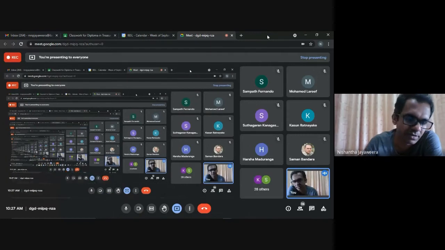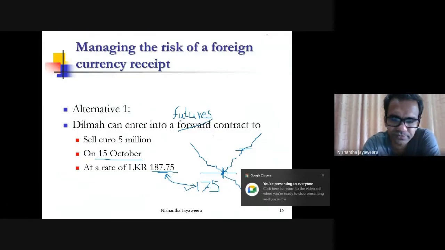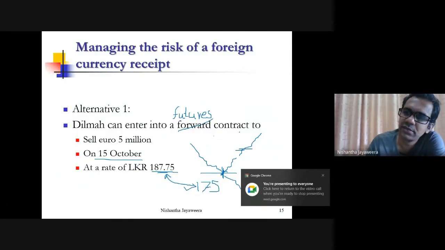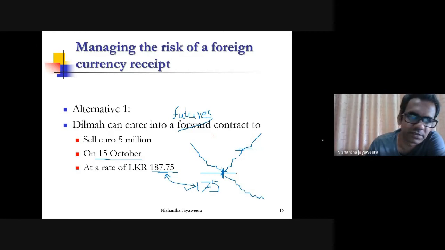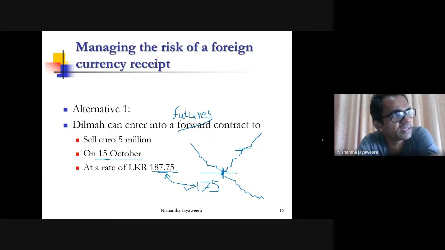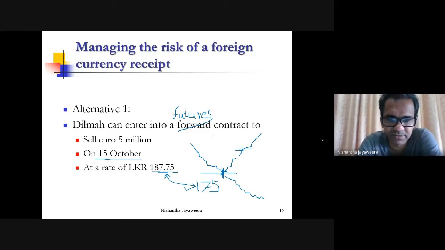After the break, we can move into the foreign exchange risk mitigation measures that we use in a treasury or in a bank to minimize the risk. We can discuss that after the break.